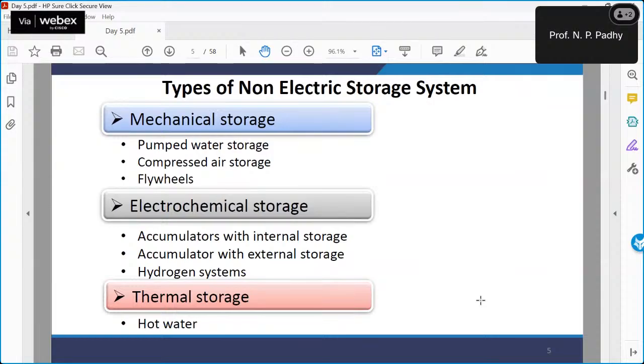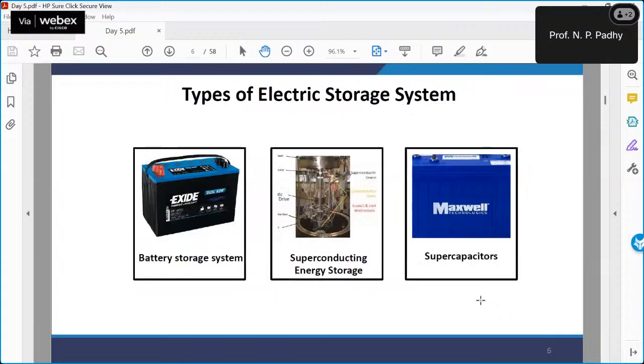Now, there are many non-electric storage systems, though they do exist. First one is mechanical storage type. There are many types: pumped water storage, compressed air. Then electrochemical storage type: accumulators with internal storage, accumulators with external storage, hydrogen system, and water.